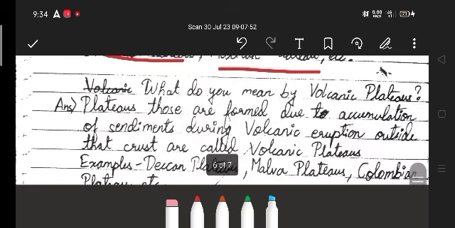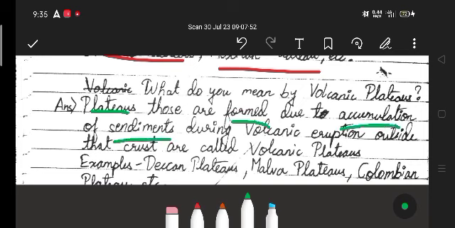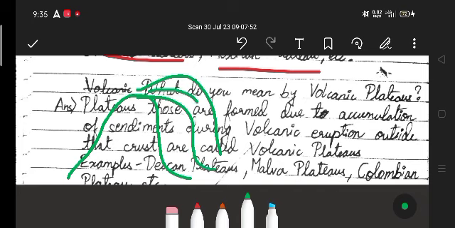Now, what is a volcanic plateau? Plateaus that are formed due to accumulation of sediments during volcanic eruption outside the earth's crust are called volcanic plateaus. Here, let it be a volcano and it is erupting lava.